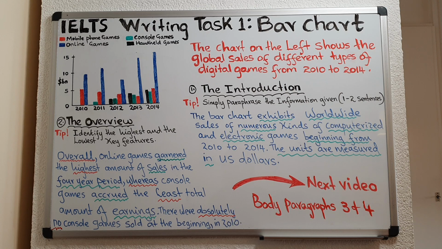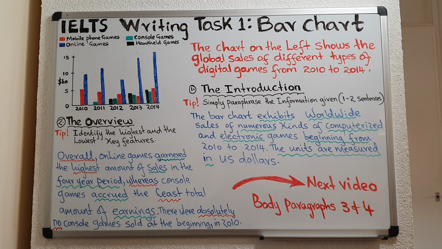What should you write in the overview? Really, don't make your life difficult. In the overview, simply identify the highest and the lowest key features. What are the highest and what are the lowest key features? Identify them really quickly, and all you have to do is use your eyes.